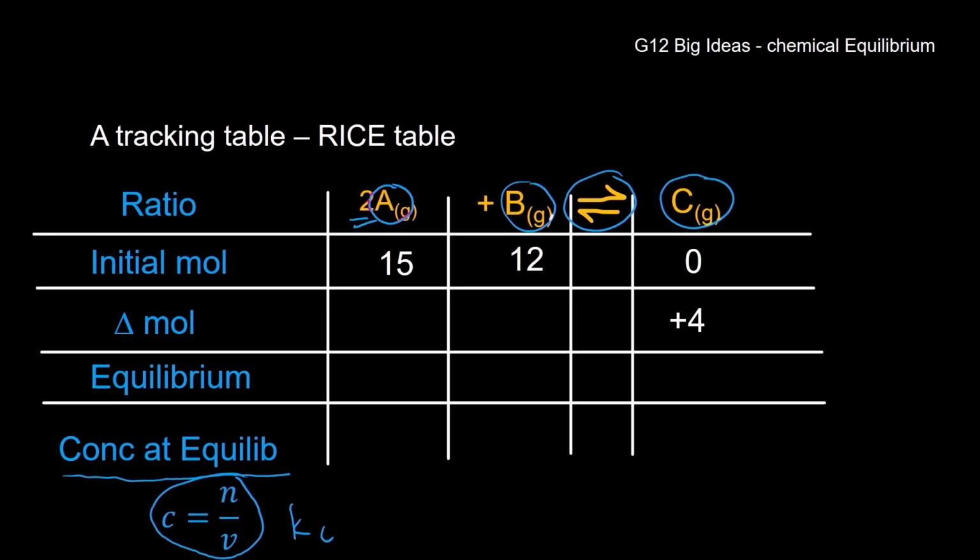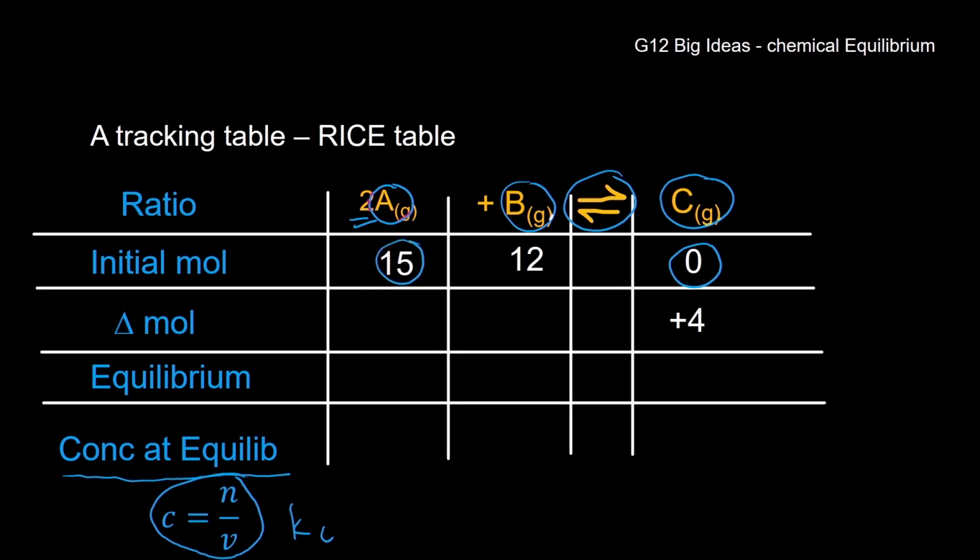Initially, at the very start of the reaction, I will have no product. There we go, it is 0. There's no product, there are no moles formed. So, I will only have moles of A and B, my reactants, and I'm giving you those.